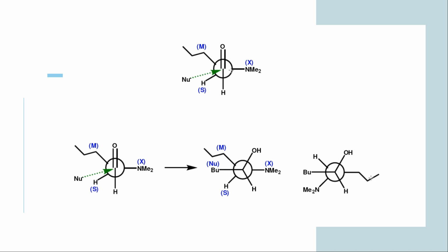Likewise, we have moved this propyl to the place of NMe2. So following the angle, you have to move the other substituents in a similar way. This medium group is coming to NMe2's place, and thus NMe2 will come to the place of this small group. Also this hydrogen will now take up the propyl position. So to write the product, you have to arrange it in this way.